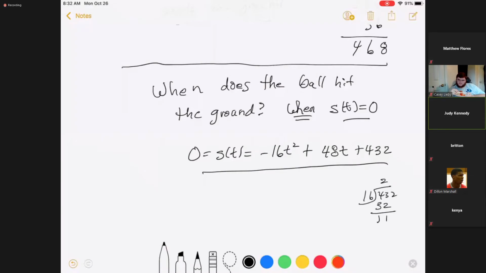1, 1, 2. 16 goes 27 times. 27 times 6 is 42. Yeah, 27 times. Okay, so I can factor out a 16 minus t squared. Now watch me on this.